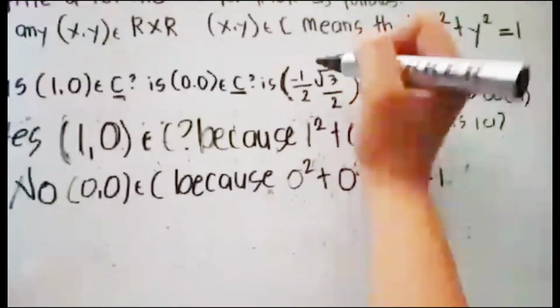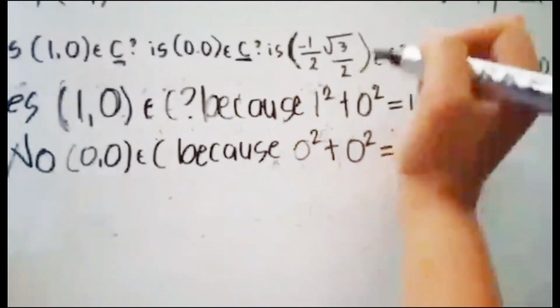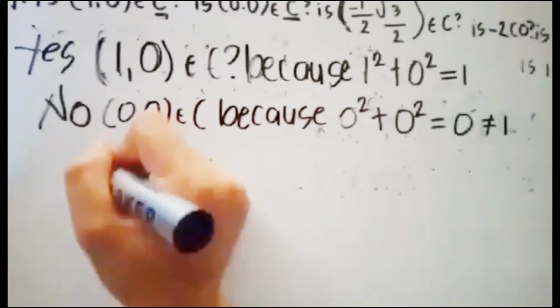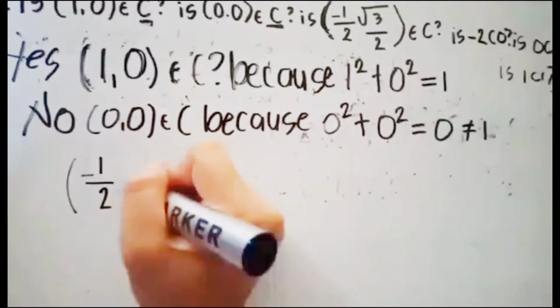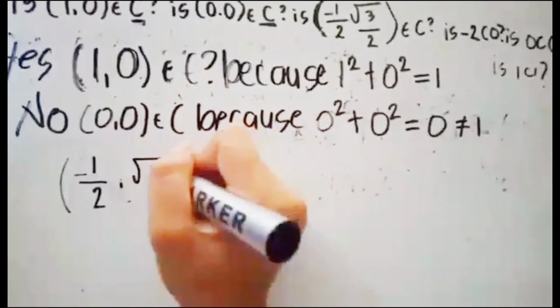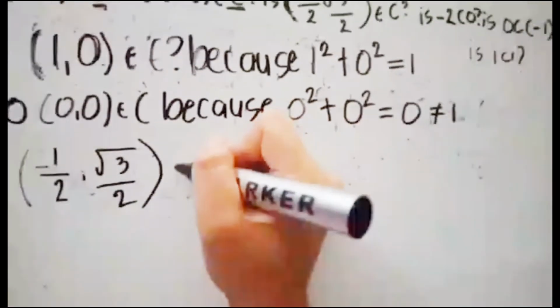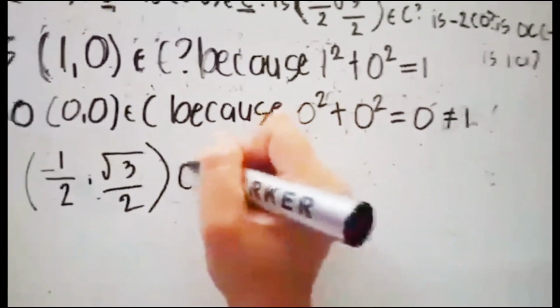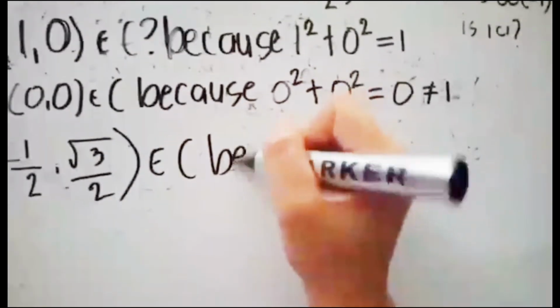So let us try negative 1/2, square root of 3 over 2. Is it an element of C?